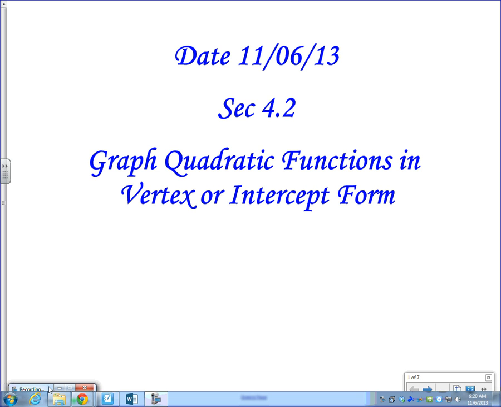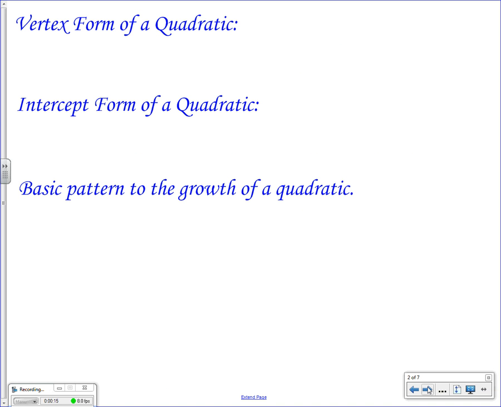Using vertex and intercept form. Those are the two easiest forms to graph these in. Okay? Everyone okay? So what does vertex form say? Who remembers? No one remembers?